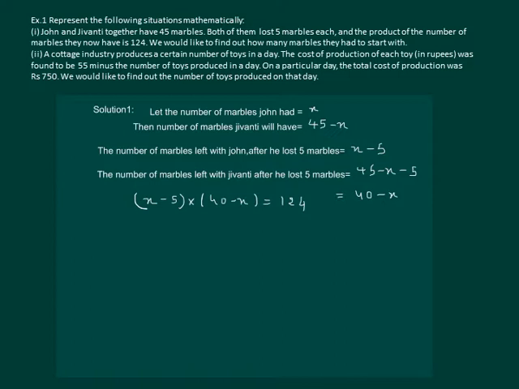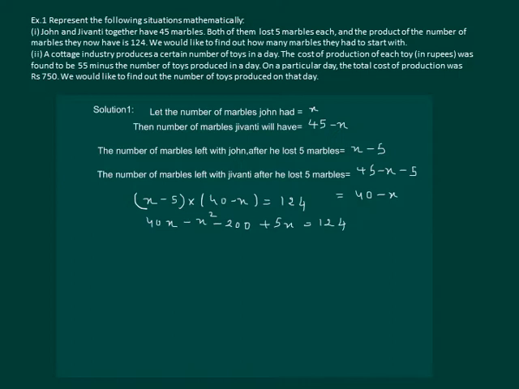Let us solve this further. We multiply x with 40. To open the brackets, we get 40x. x with −x gives −x². Now −5 into 40 gives us −200. −5 times −x gives +5x, equal to 124.